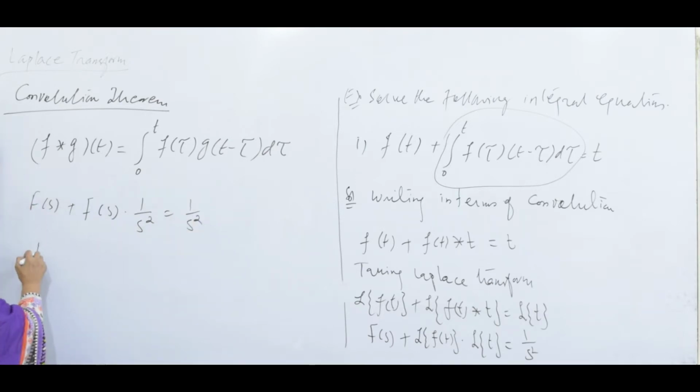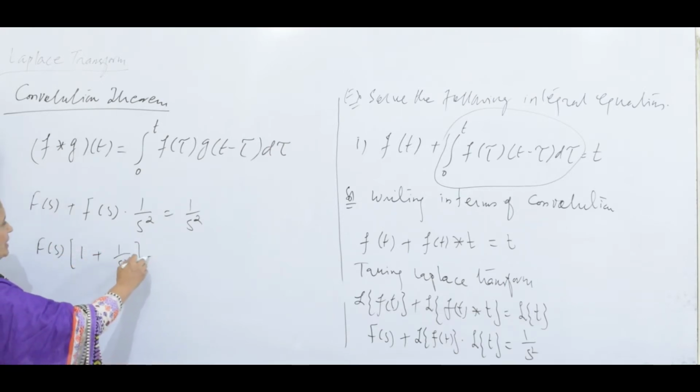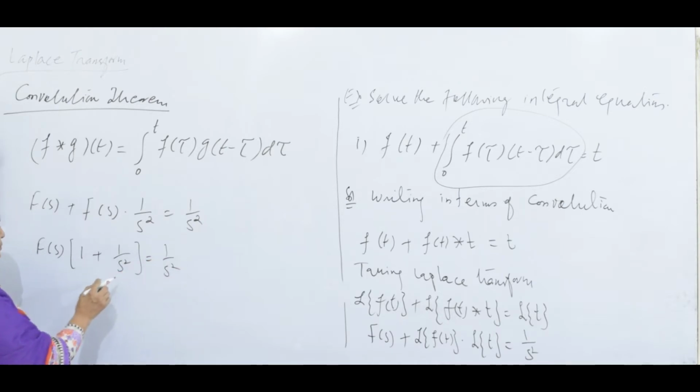Let me take F(s) common. I am left with 1 plus 1 over s squared is equal to 1 over s squared. Let me take the LCM, this is (s squared plus 1) over s squared.